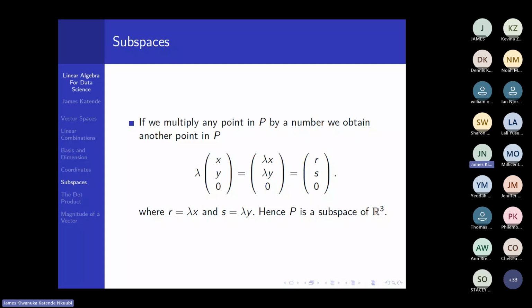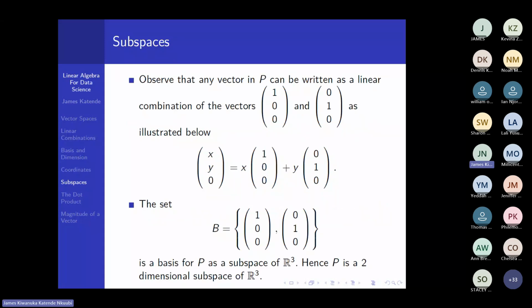So now we observe the following. Any vector of this form can be written as a linear combination of the vector (1, 0, 0) and the vector (0, 1, 0).